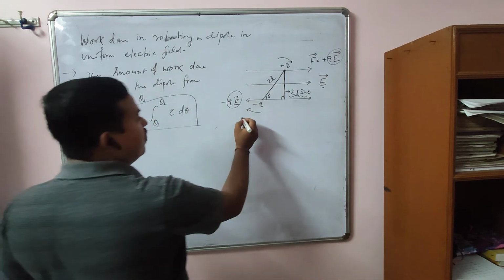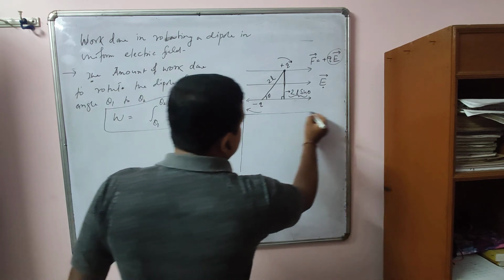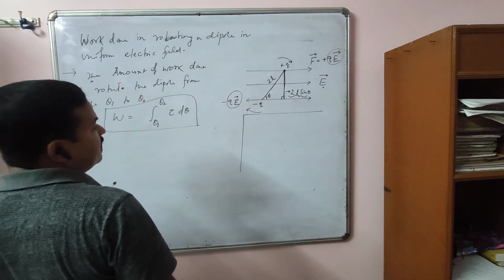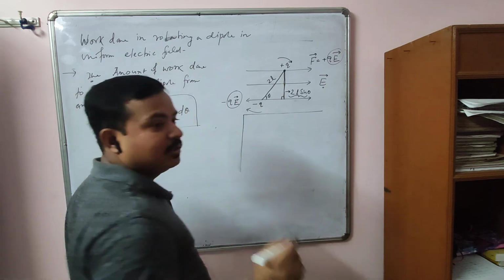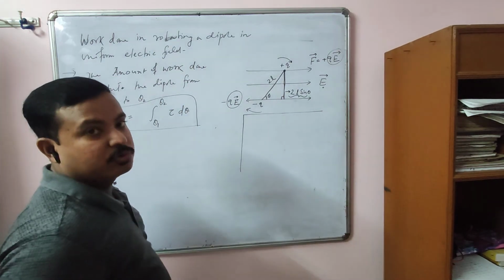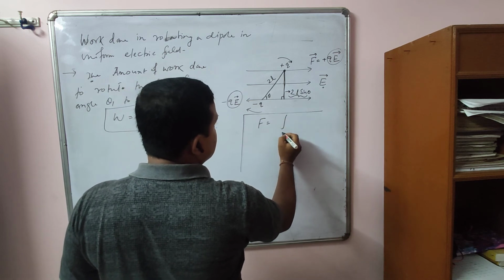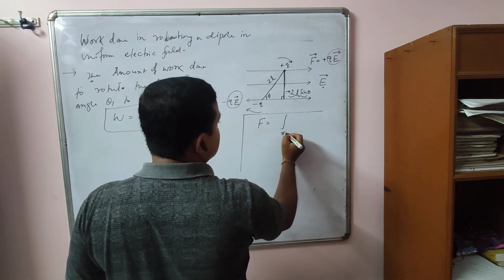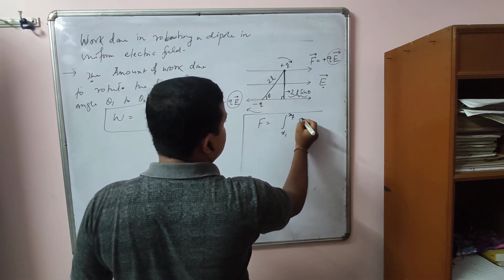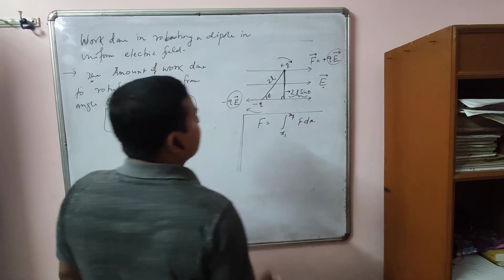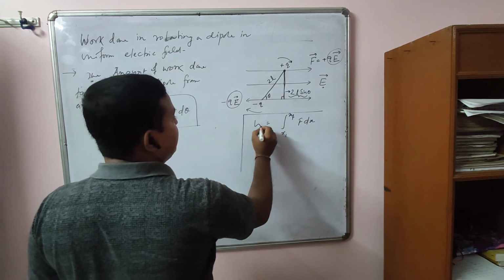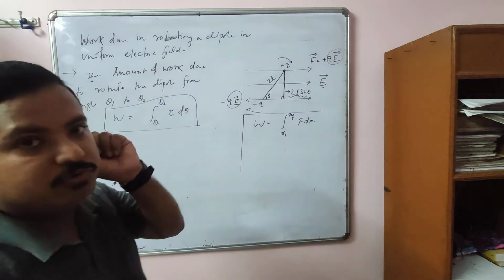You know, in work, energy, power, in class 11, I have given a relation for work done due to a variable force. That is given by W equals integration from xi to xf of F dx. If you remember, this is the formula of work done due to a variable force.